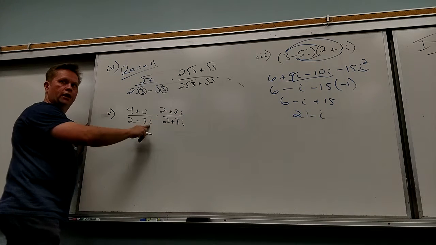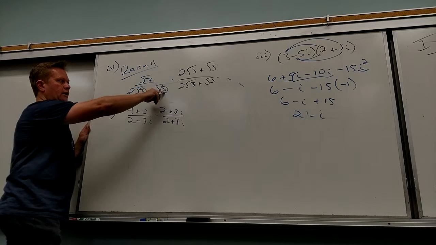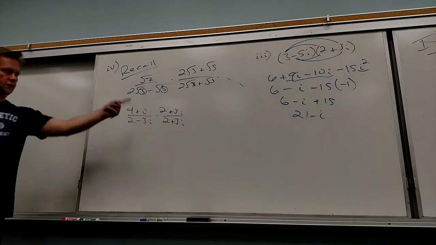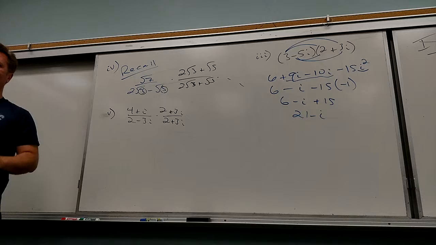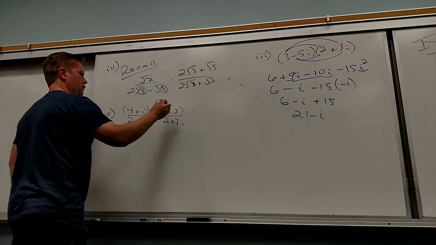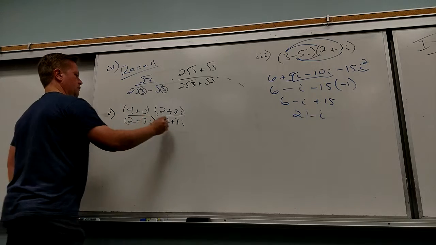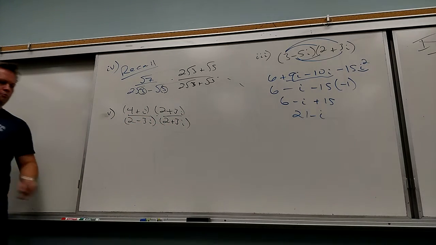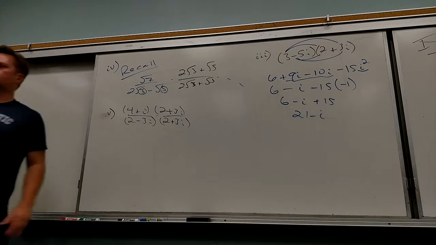What is i? It's a radical of something, so it's going to act like any other radical of something ever did. Finish that out. So you got to FOIL a couple times.